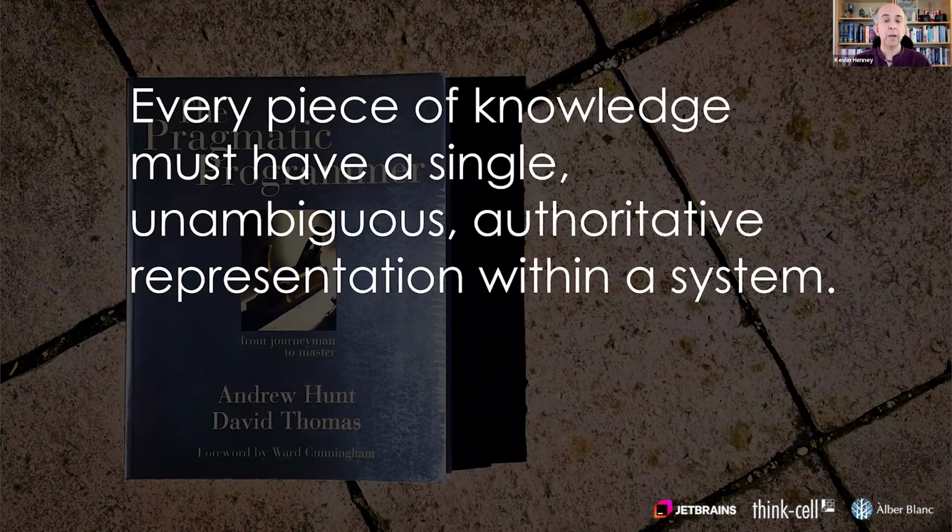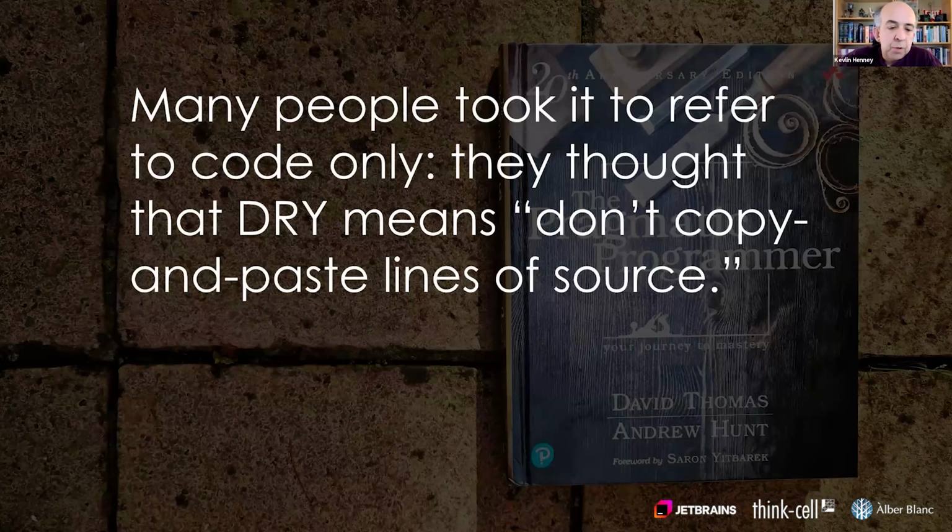And this is a really good one, actually. Definitionally, it's pretty good. There's nothing I would change from a point of view of definition. But when you elaborate it through examples, that's where often the misunderstanding happens. And then people pick up on that or anchor on a particular theme, because that's what we humans do, and that becomes the dominant narrative. The dominant narrative being that many people took it to refer to code only. They thought that DRY means don't copy and paste lines of source.